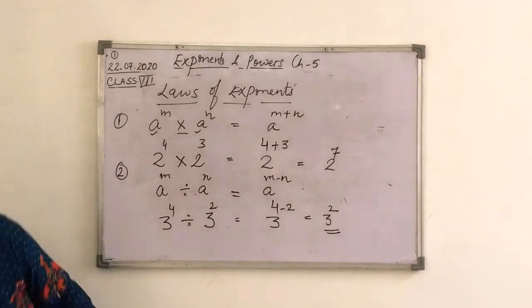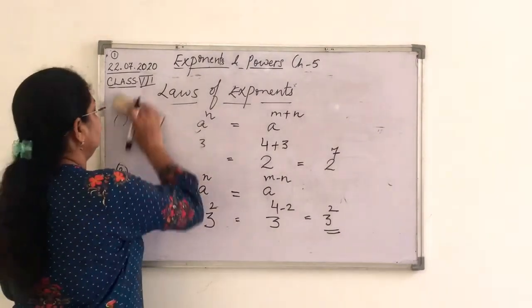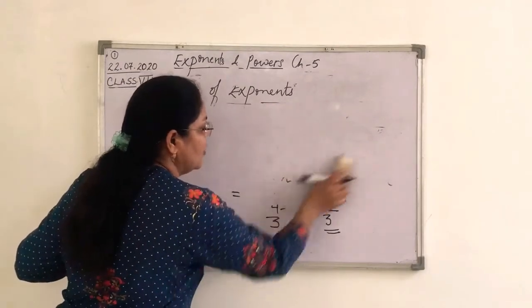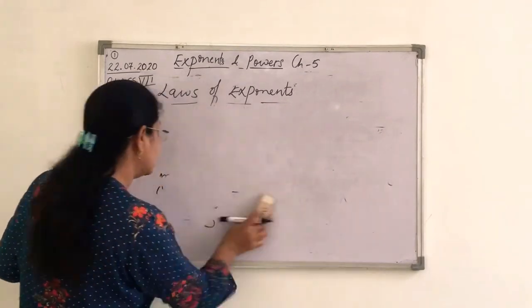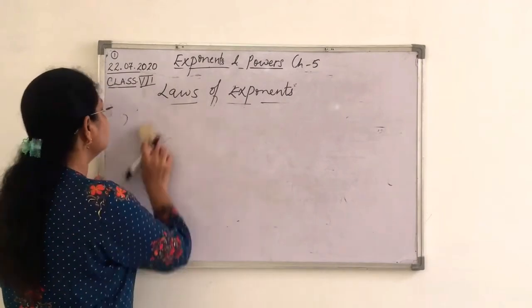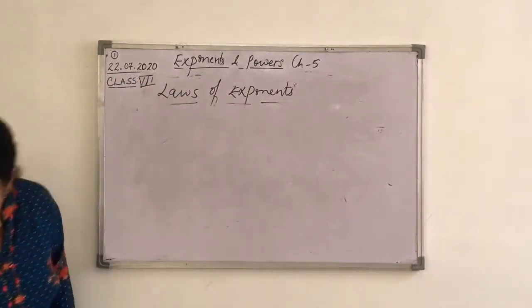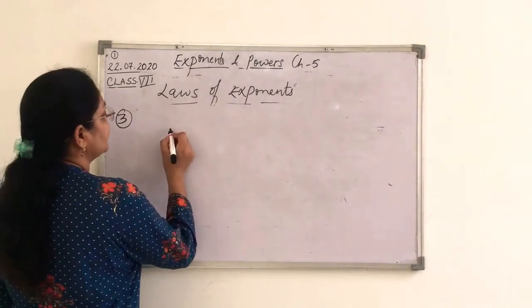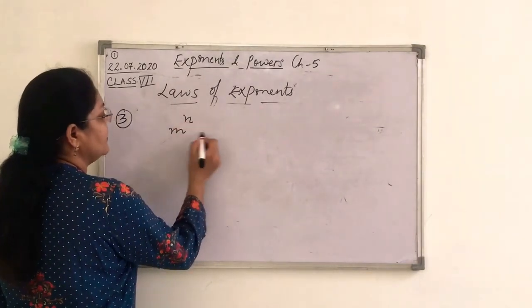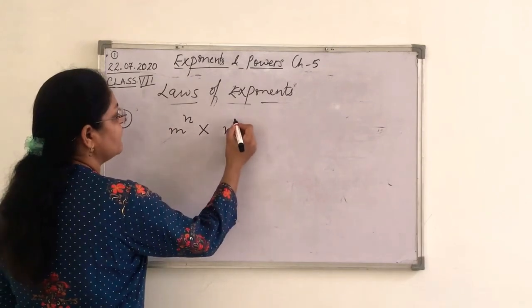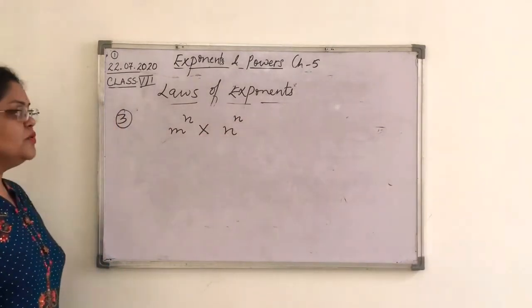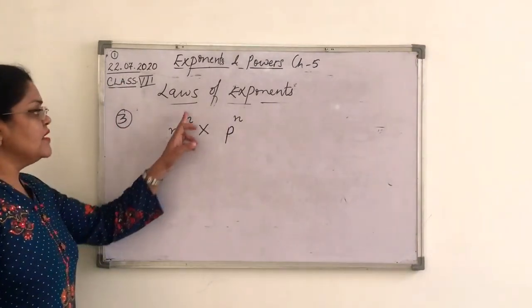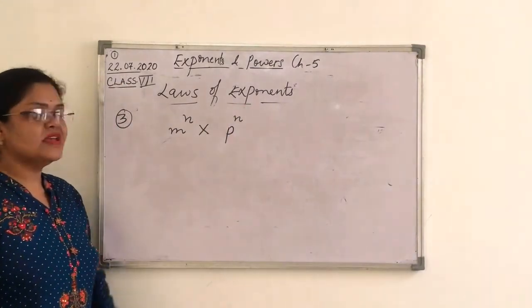Now the next law. In the first 2 laws we discussed cases where the bases were the same. Now we will discuss when the powers are the same. The third law: we have m raised to power n multiply p raised to power n.